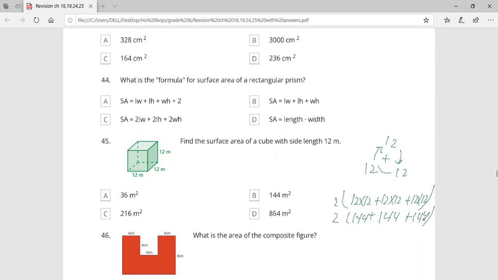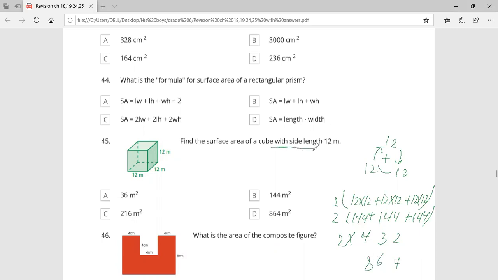We add 4 plus 4 plus 4, 12, and so on, multiply by 2, and we get the answer.